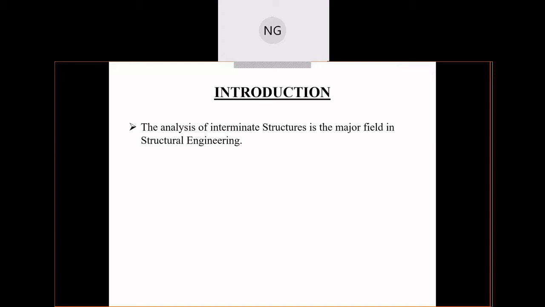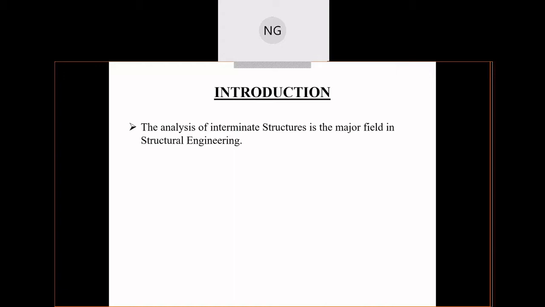Analysis can be done manually and also by computers nowadays. Normally minor structures will be designed manually, but nowadays difficult high-rise buildings are coming up in infrastructure.